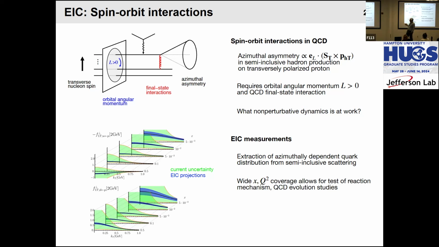And we can determine the underlying quark distribution sensitive to the orbital angular momentum, which is known as the Sivers function. And again, here we're using the fact that the wide x and Q squared range allows for a test of the reaction mechanism, disentangling all these factors and seeing the effects of QCD evolution.